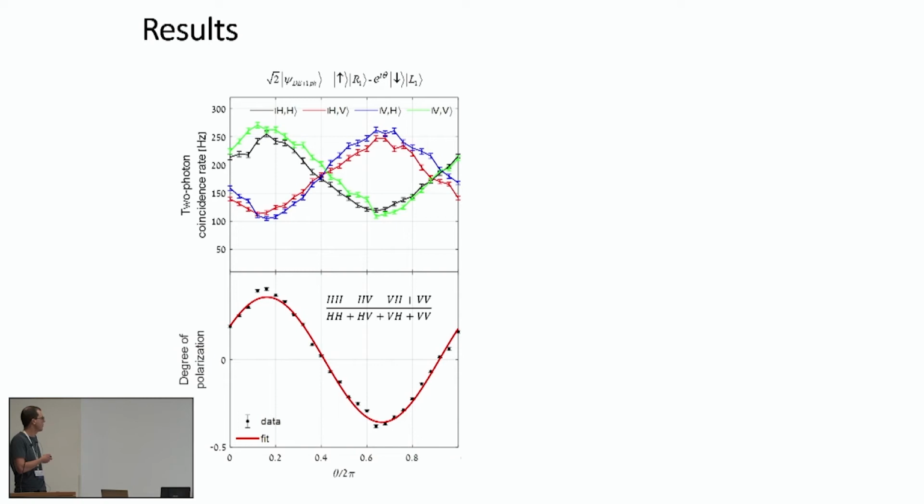Okay, 1 oscillation for each projection possibility. You see here HH, HV, VH, and VV. Okay, and we can sum those 4 curves to obtain a degree of polarization, which is defined by this, and we obtain one nice oscillation.